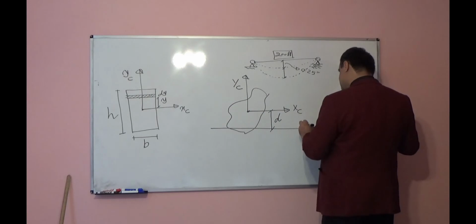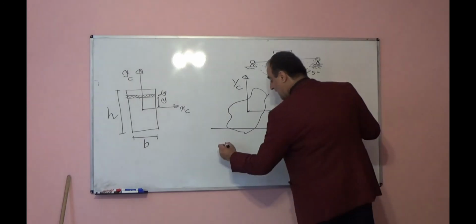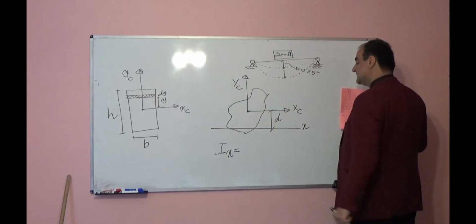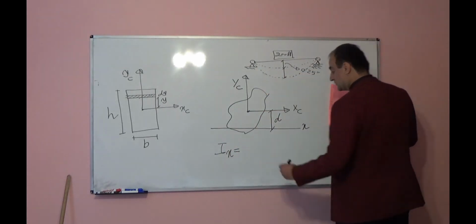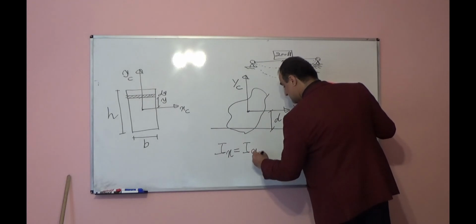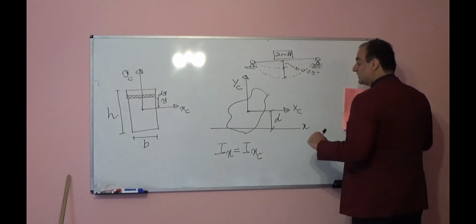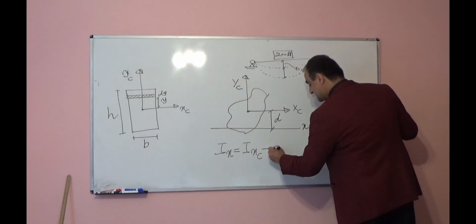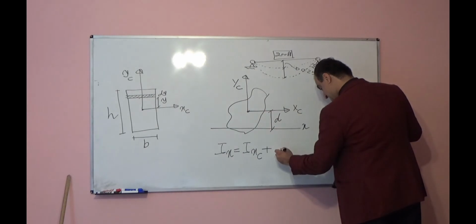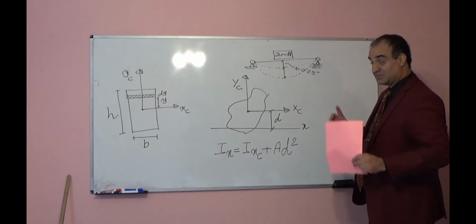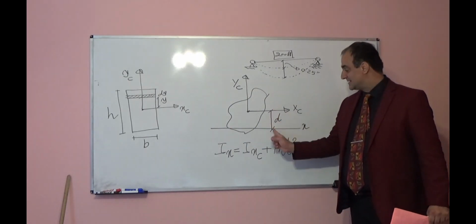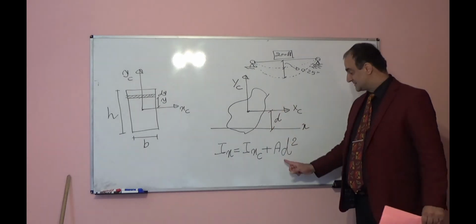So this is x c, this is x. Ix, the moment of inertia with respect to this new axis, is equal to Ixc, moment of inertia with respect to the centroidal axis, plus the area for this cross section A times d squared. Pay attention, these two axes should be parallel, and d is the distance between the two axes.